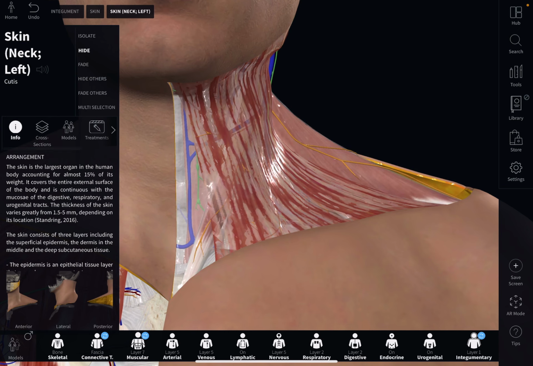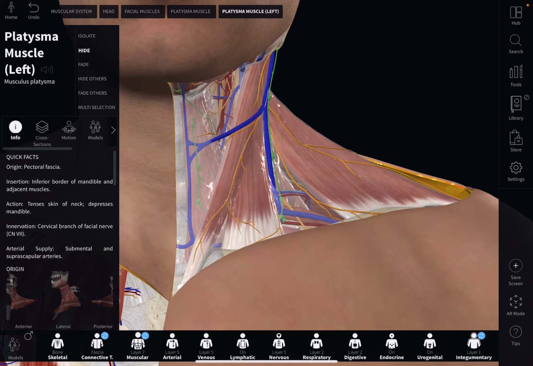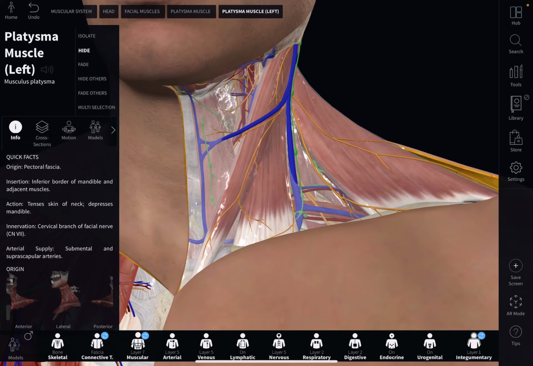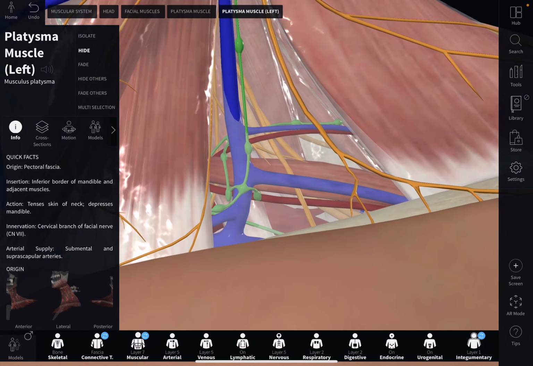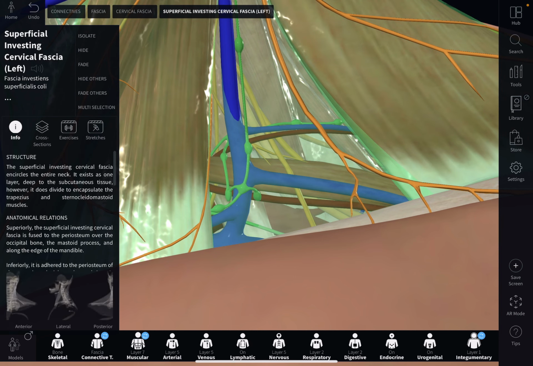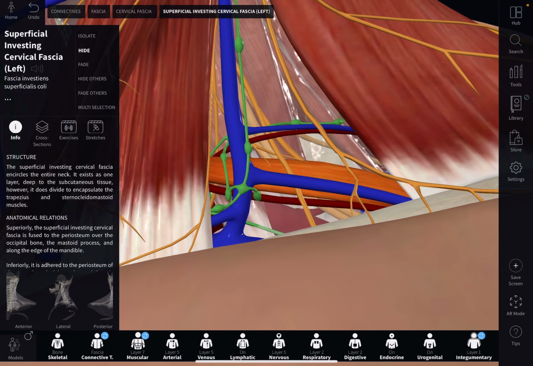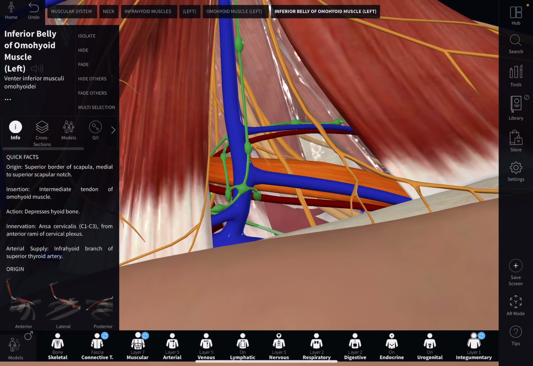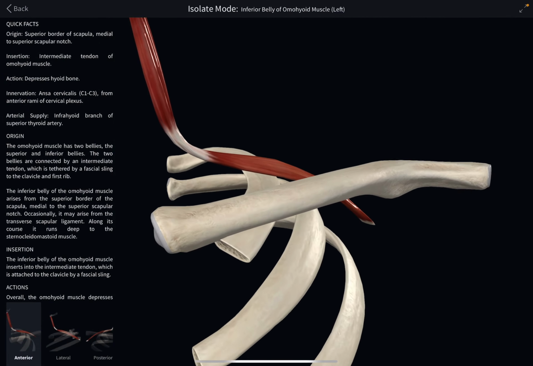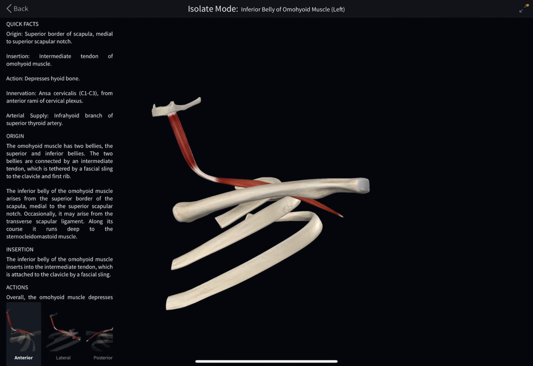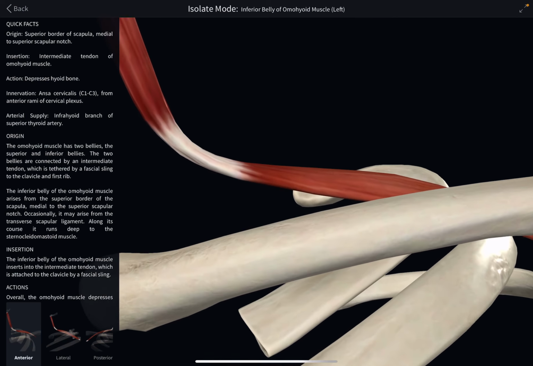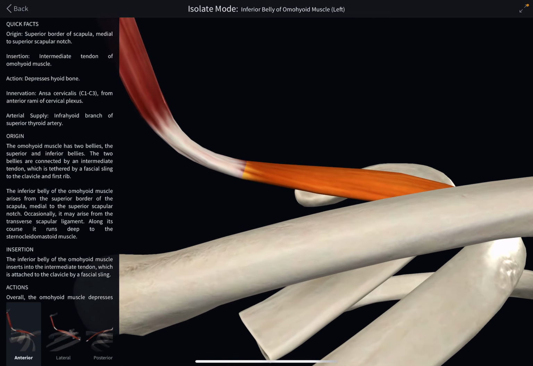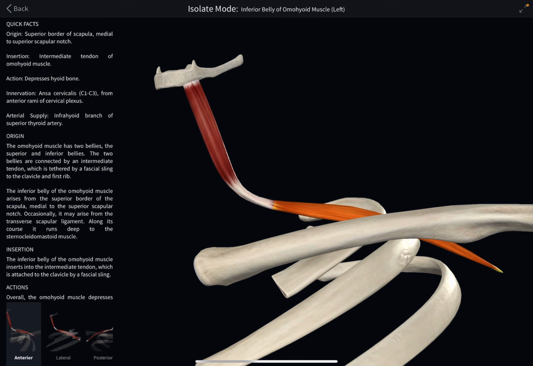It's the platysma, and remove the platysma. This is actually not very important for our discussion here. You can see here is a muscle, this one. This is the omohyoid muscle. This white part here is the junction between the superior and the inferior belly. The one above is the superior belly, the one below is the inferior belly.